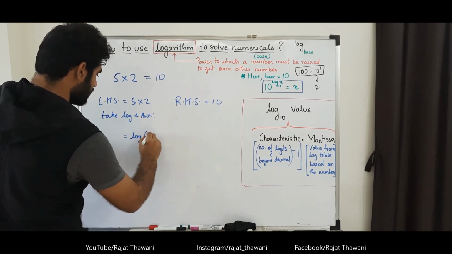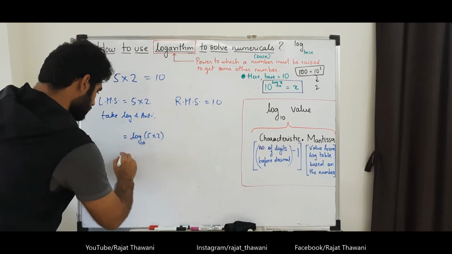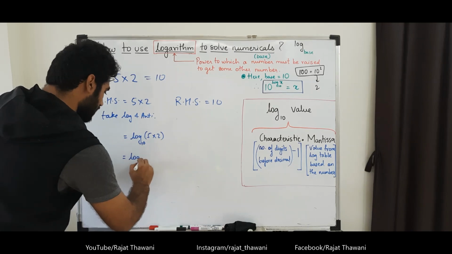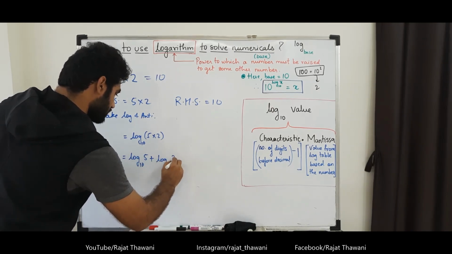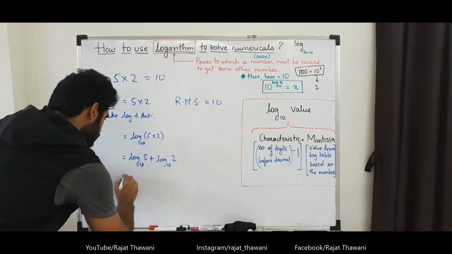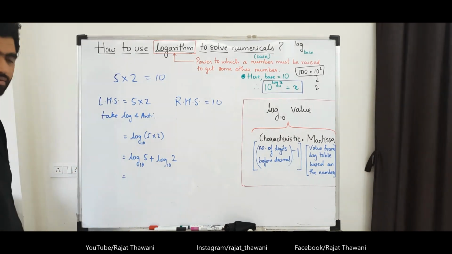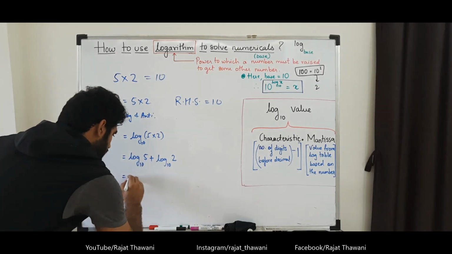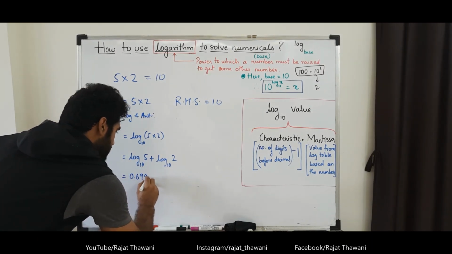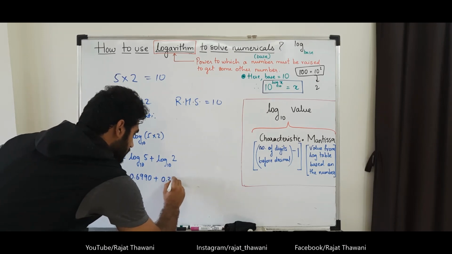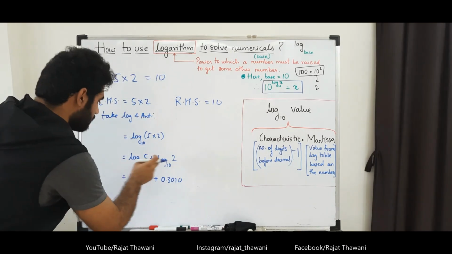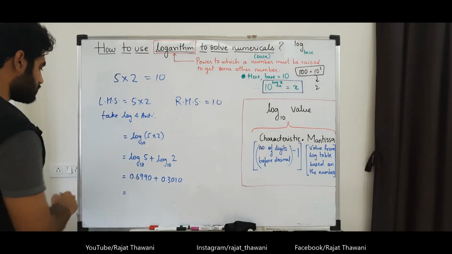Log to the base 10 of 5 multiplied by 2. It means by the formula, log to the base 10 of 5 plus log to the base 10 of 2. So what is log to the base 10 of 5? Log of 5 we saw just now, 0.6990, plus log to the base 10 of 2, which is 0.3010. So this addition comes to how much?